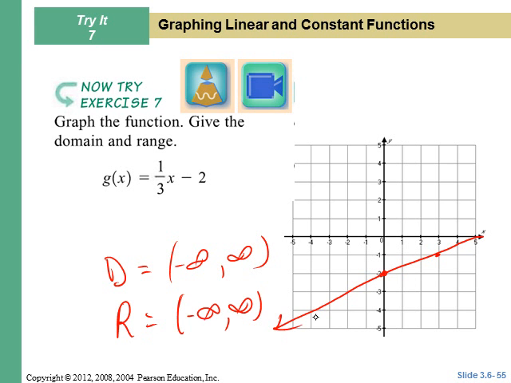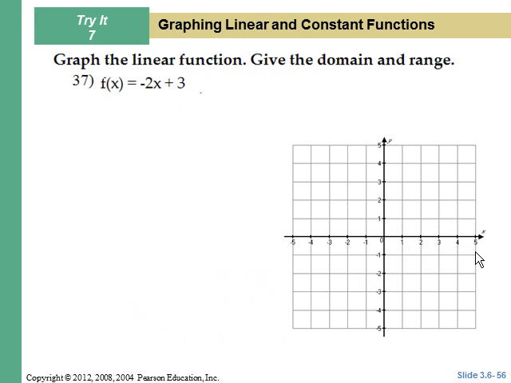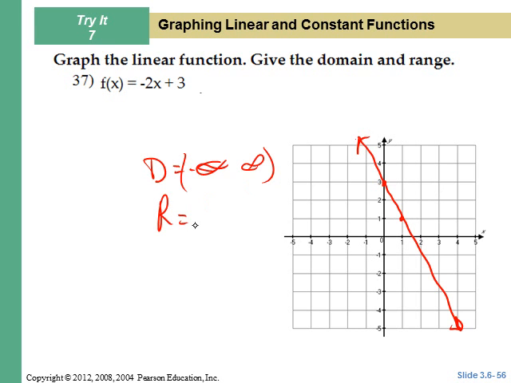Because if you notice, both of them have arrowheads, so it goes all the way down, all the way up, all the way left, and all the way right. Next one. Negative or positive 3, from there go down to forward 1. So there's our line, and the domain is negative infinity to infinity, and the range is also negative infinity to infinity.